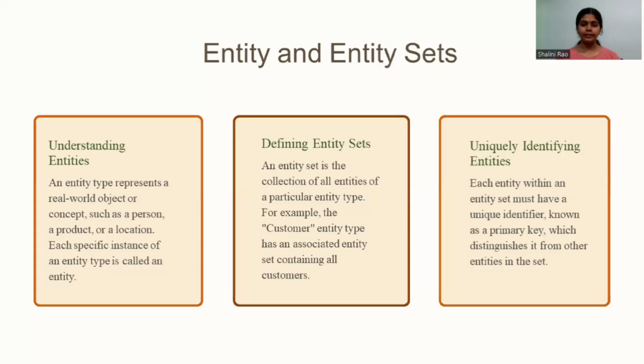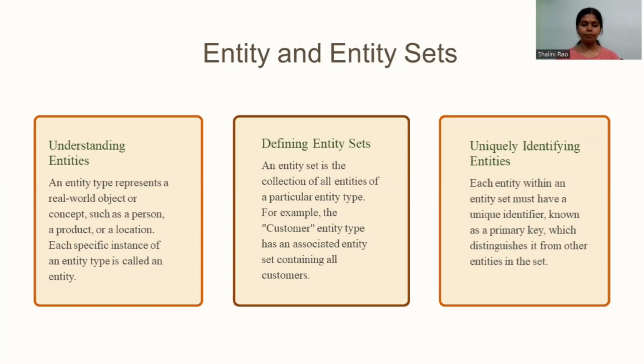Entity and entity sets. Understanding entities. An entity type represents a real-world object or concept, such as a person, a product, or a location. Each specific instance of an entity type is called an entity. Defining entity sets. An entity set is the collection of all entities of a particular entity type.